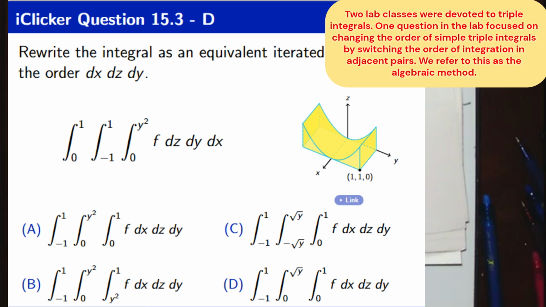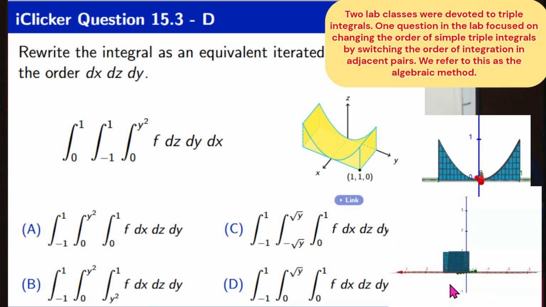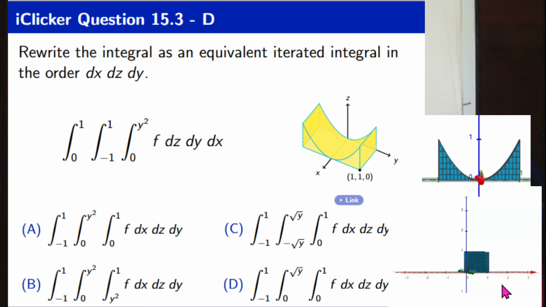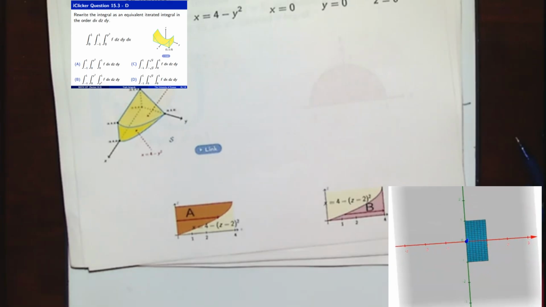You can do it algebraically because you can swap them around. But look at this. What is this surface? If I'm looking at it, what is this surface? A plane that is cut in the x direction. Then you end up with this shape. How do I set up? This is the y direction and that's the z direction.